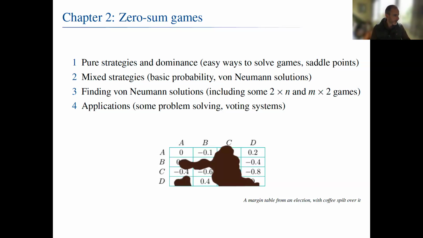And then carrying on to finding actual solutions to zero-sum games, the so-called von Neumann solutions, including various cases. Obviously for 2x2 games, it's reasonably straightforward: you just have a 2x2 matrix and so on. And in slightly more complicated games where, say, one of your players has n choices and the other has m choices, there are ways you can find solutions.